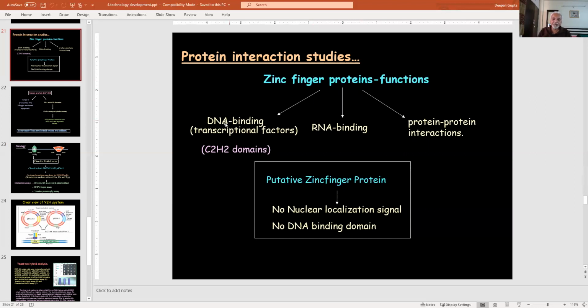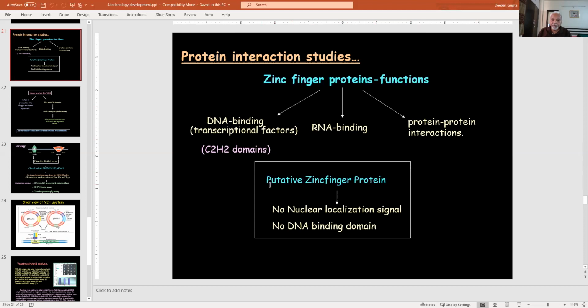In addition to being DNA binding transcription factors, they are also RNA binding proteins, and they take part in protein-protein interactions. So they have multiple roles.